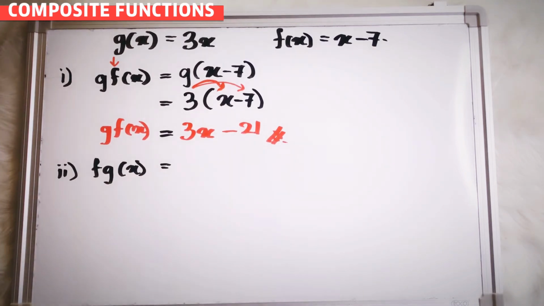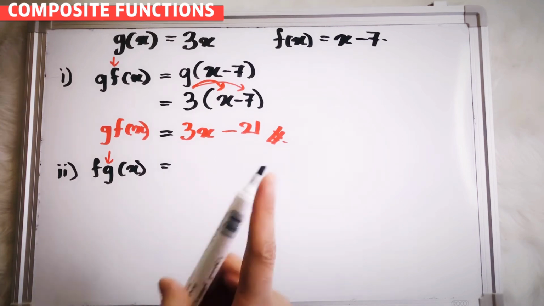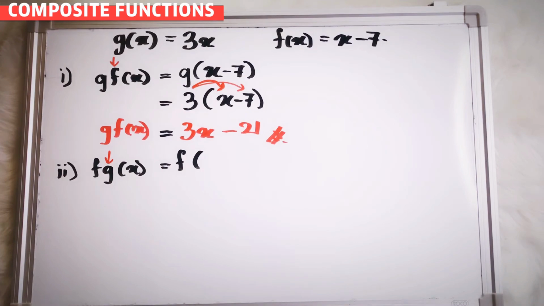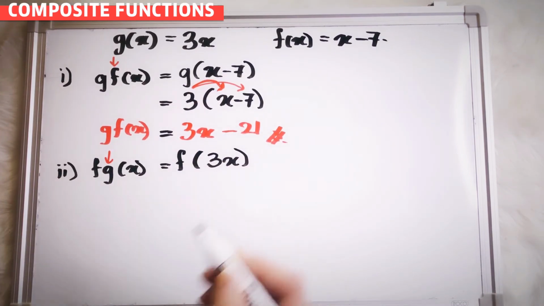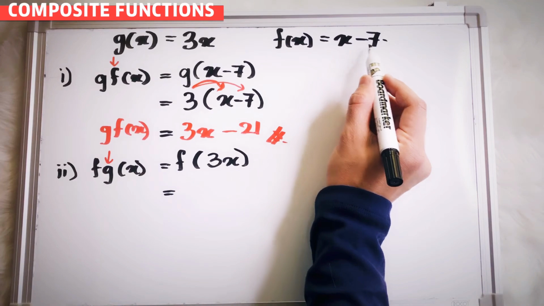Okay, we start from the back also. So you put here f. What is your g function? G function is 3x. Okay, so this is our new x. Now your f function is x minus 7.